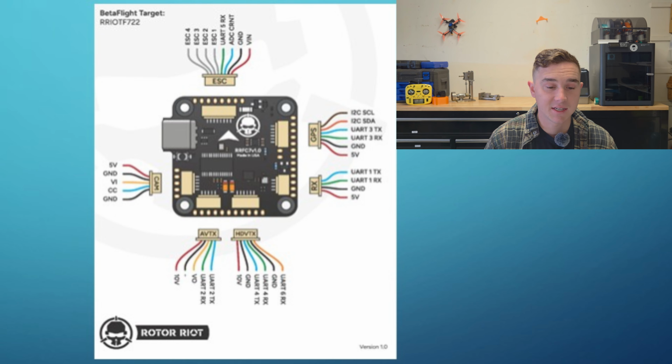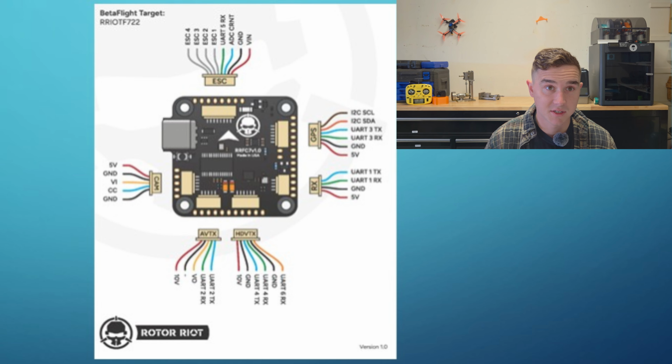If you look at the ESC on the top part, you have ESC 4, 3, 2, 1, UART RX. And then you have ADC current, ground, and VN. VN in this case means voltage in, the full voltage of the battery. Sometimes it's called VBAT.